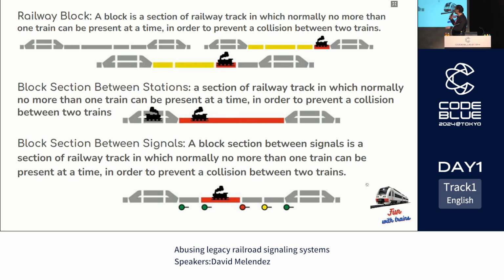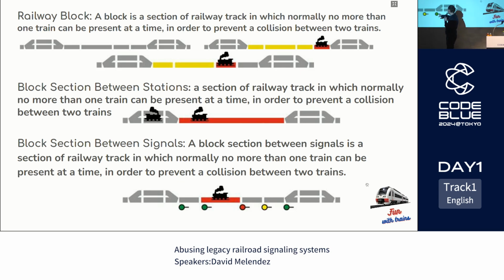So, with the train traveling across the track, the train leaves sections behind it, and the section is released.